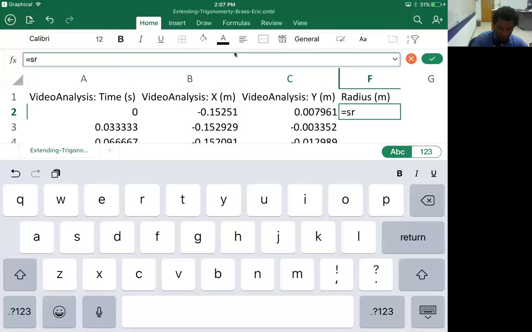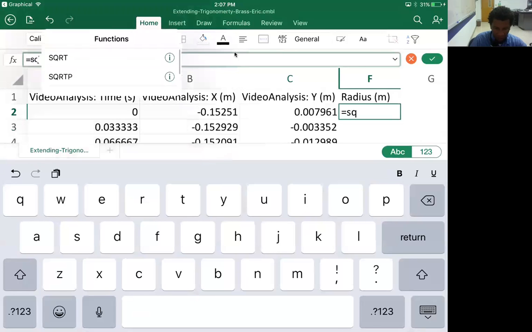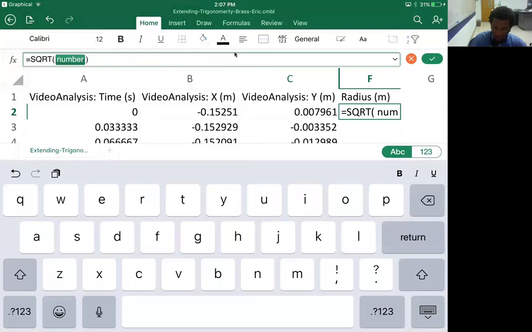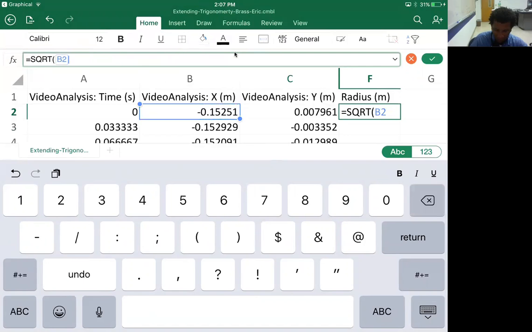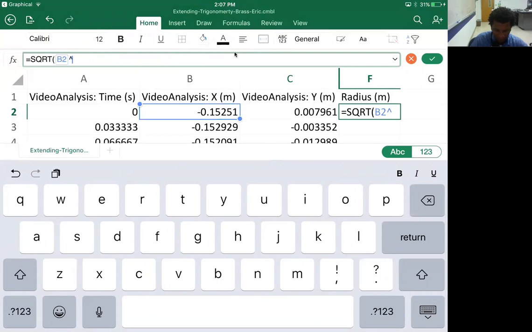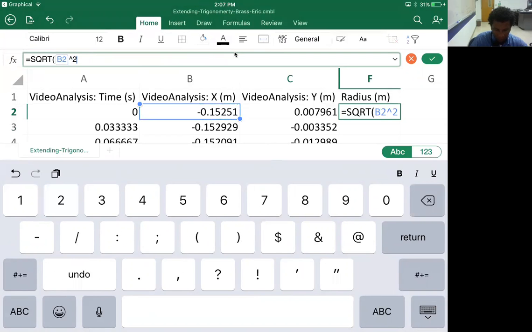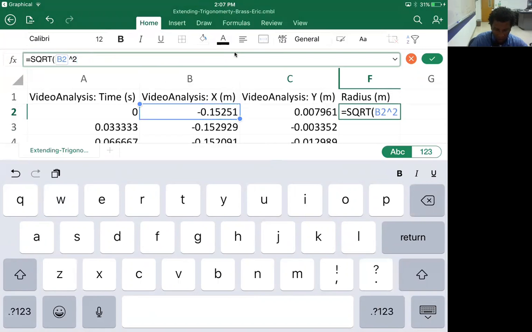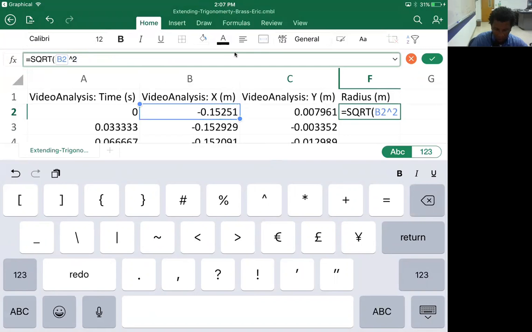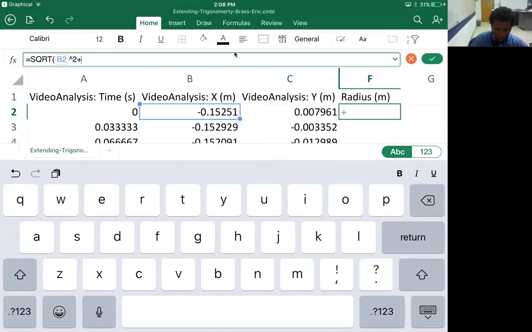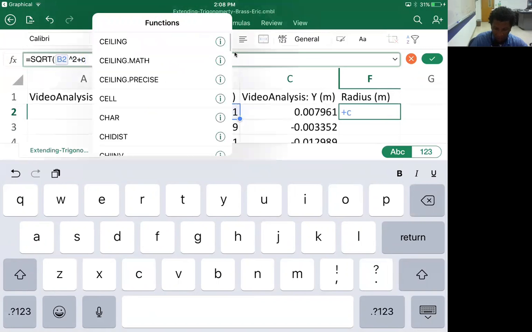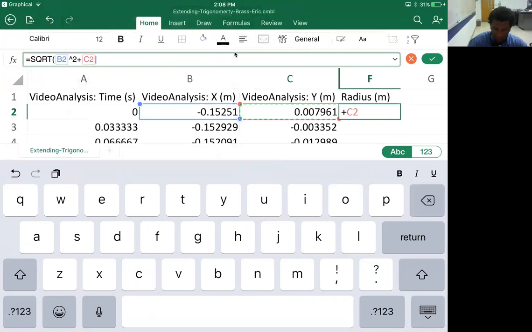SQRT. Square root of X squared plus C squared.